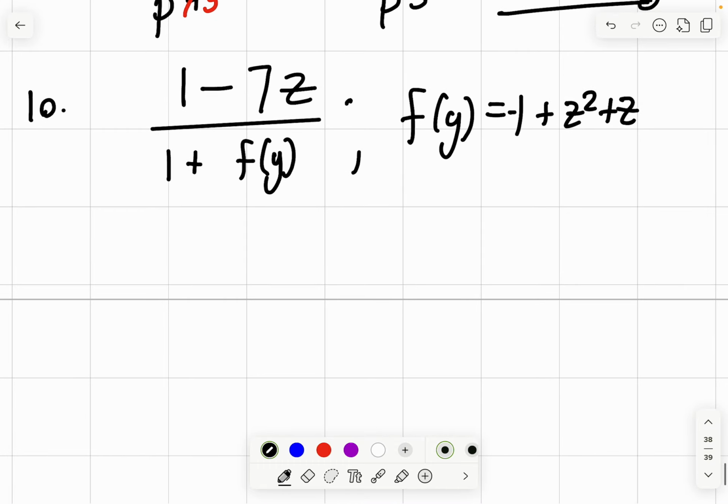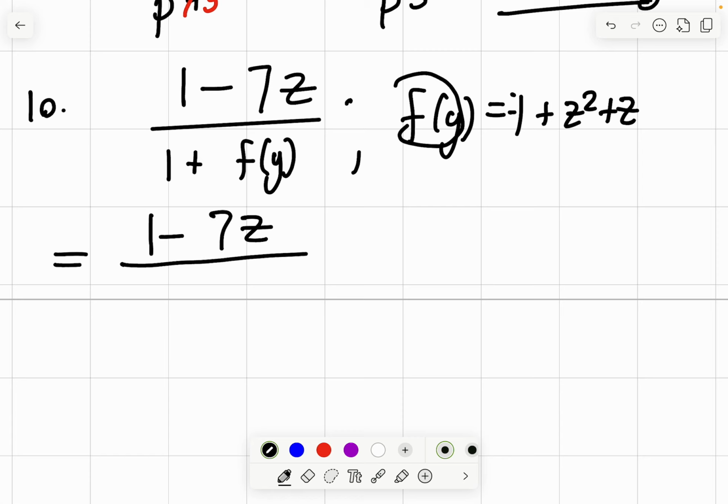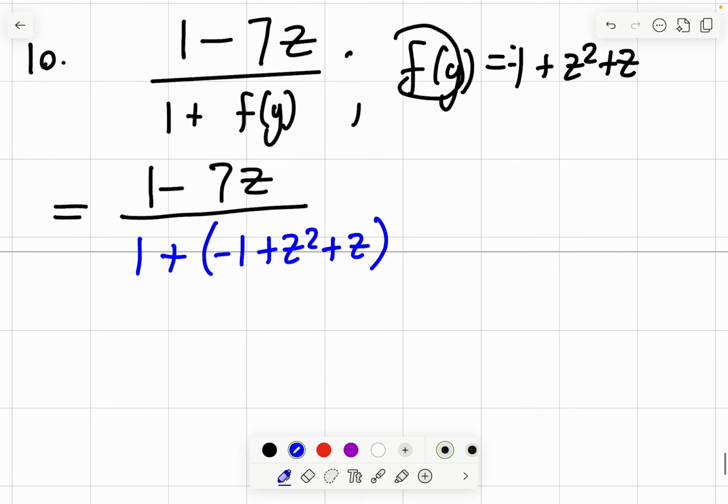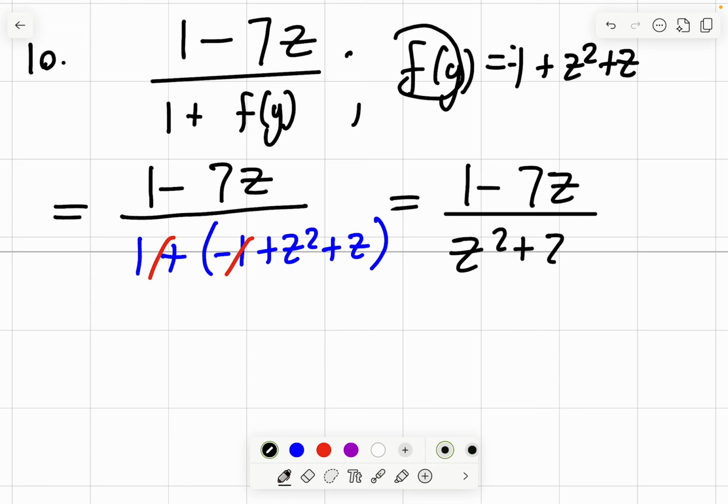So I'm going to substitute this thing here. I'm going to have 1 minus 7z divided by 1 plus negative 1 plus z squared plus z. So my answer is going to be simply 1 minus 7z, they are saying I must derive that. I know these 1s will cancel, so I'm going to have z squared plus z.